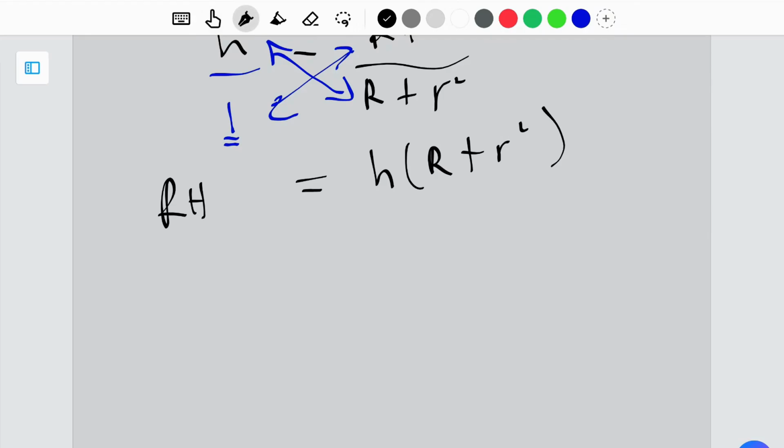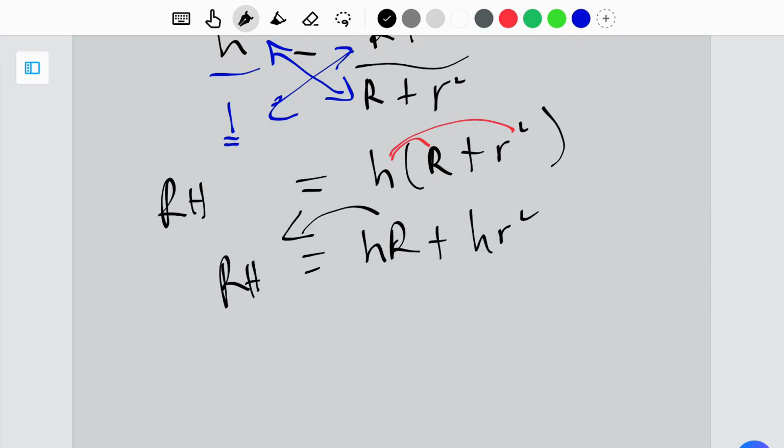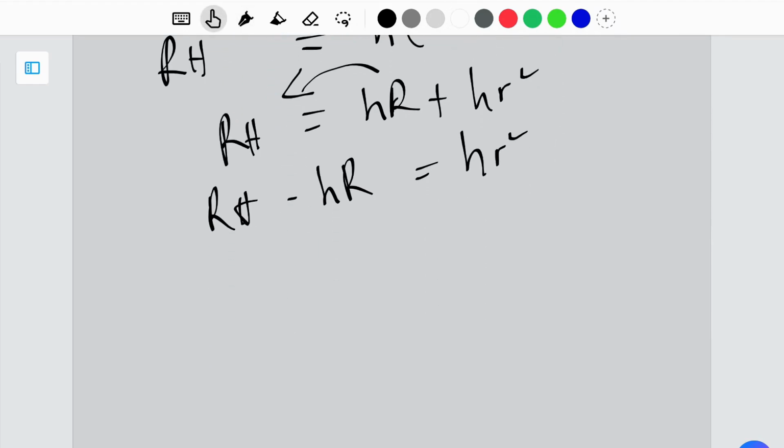So we're left with RH equals, and again we distribute: HR plus HR squared. Again, we can take that over, so it's RH minus HR equals HR squared. Are you guys following?